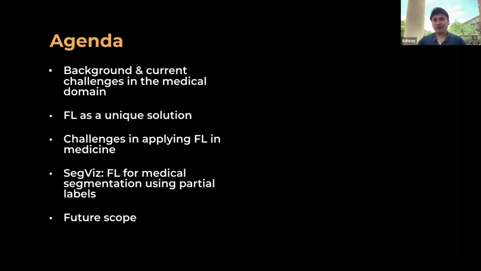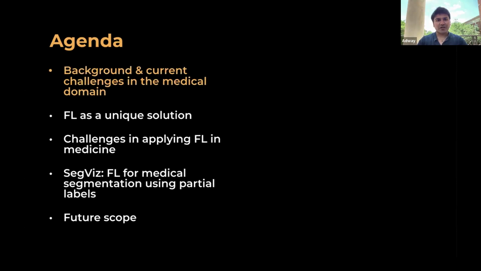I'll also talk about our work with Flower and how we developed Segways and moved it from a research to a production ready system. Then we'll talk about future scopes. We also have a short demo. It's not a live demo, but we have a short demo. I'll also go over how anyone can implement the pipeline that we've developed.